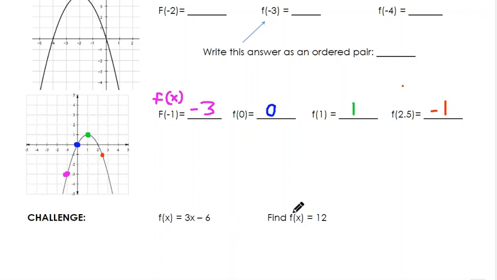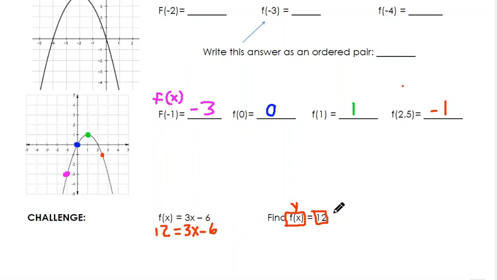Okay, so we did a bunch of input ones, right? Earlier, I told you this f of x means the exact same thing as y, right? So what I have to do, if you ever see this, is I'm replacing this whole f of x with this 12. So I would rewrite this as 12, because I'm replacing f of x in f of x equals 3x minus 6. And then I'm solving for x, because the output, the number outside of the parentheses, is your y value.